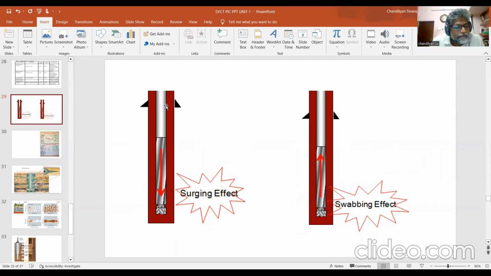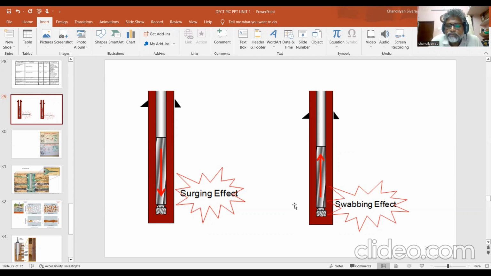What happens to the BHP when the drill string goes down? When the drill string goes down, the BHP increases. That's called surging effect. When the drill string goes up, the bottom hole pressure decreases. That's called swabbing. So there are two phenomena in the oil and gas industry, when the drill string goes up and when the drill string comes down.